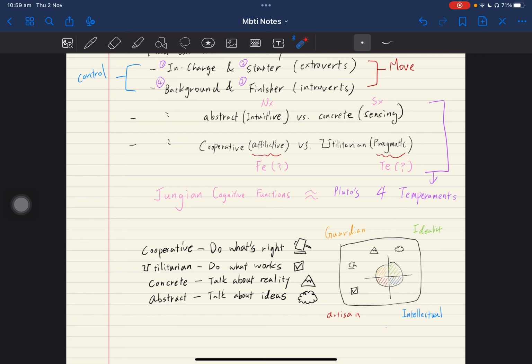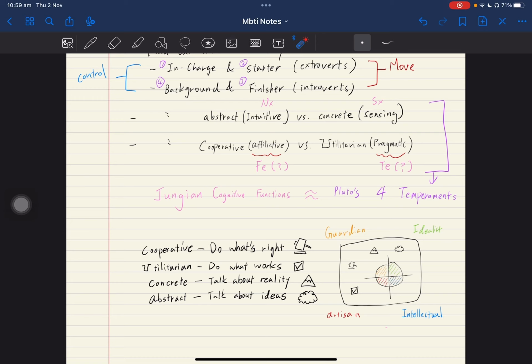As you can see, if you group these two together, you get a type, and these two you get a type, these two you get a type, and these two you get a, sorry, not a type, but a particular temperament.